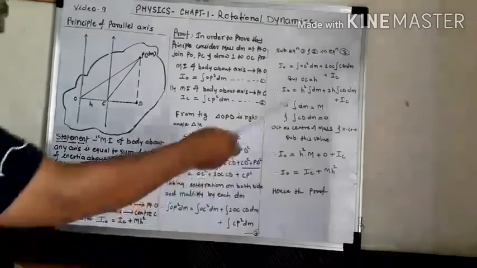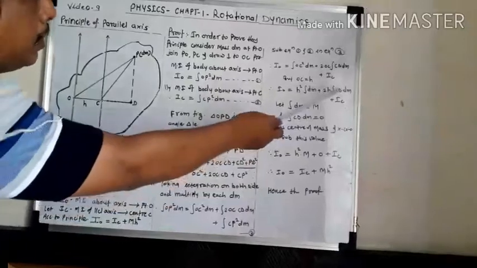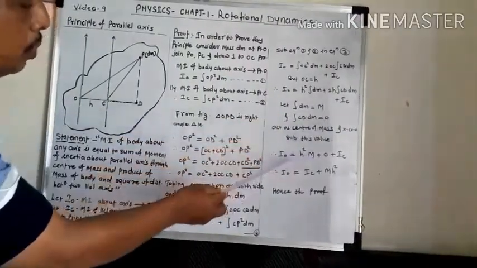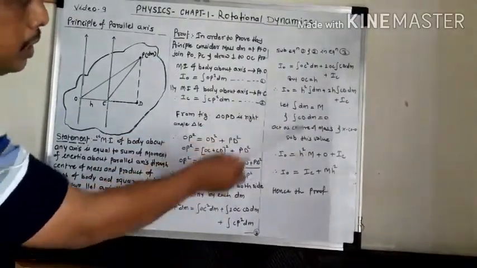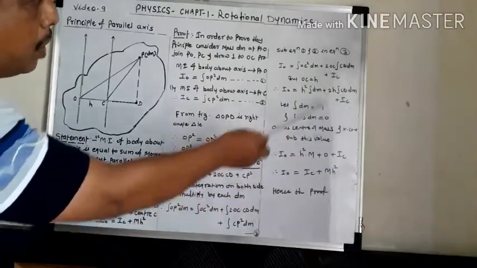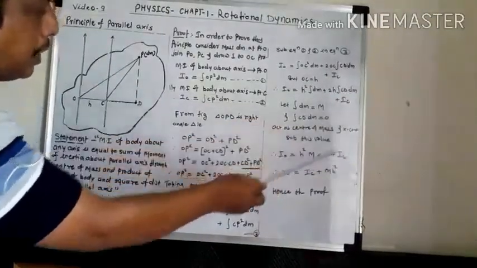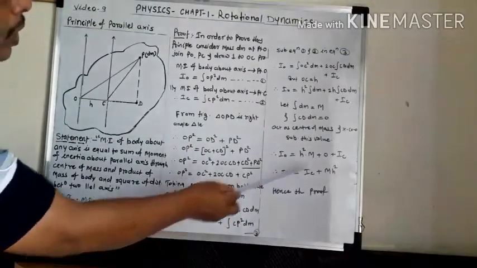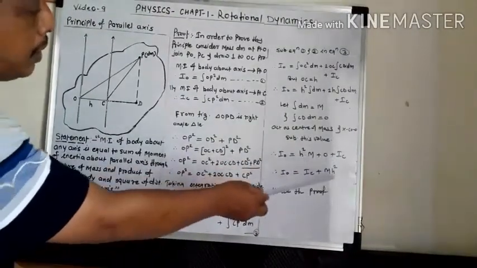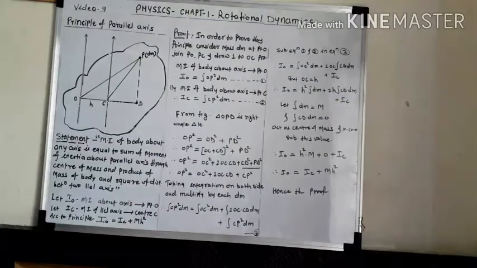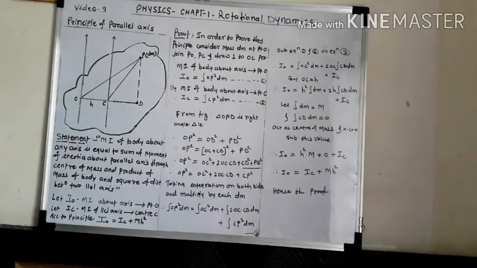Substituting these values, we get IO as h square into capital M plus twice h into 0, that is 0, and plus IC. Therefore, IO is equal to IC plus Mh square. This is the proof of the principle of parallel axis.